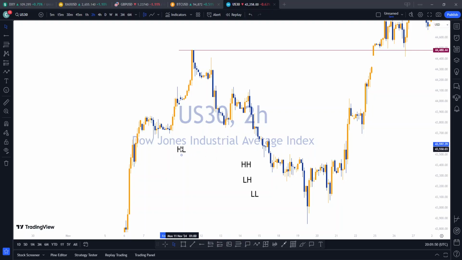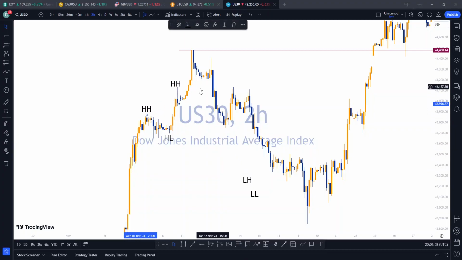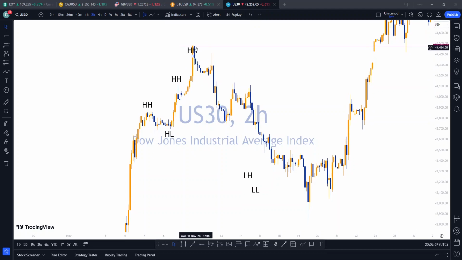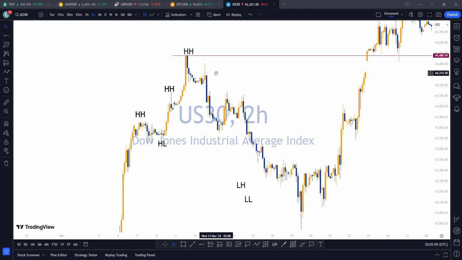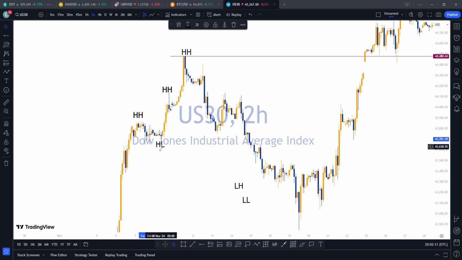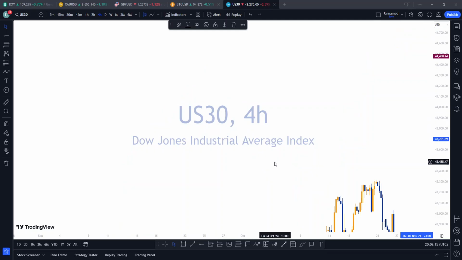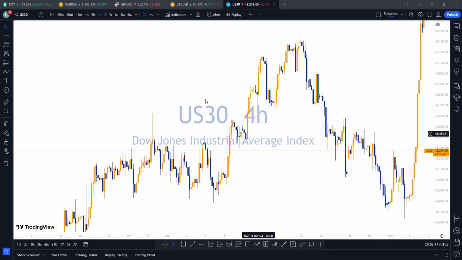We have a lower low around this area right here. We have a lower high, yeah. This is also a lower high. This is also a lower high. Right here is also a lower high that we have. Then we have a lower low here.